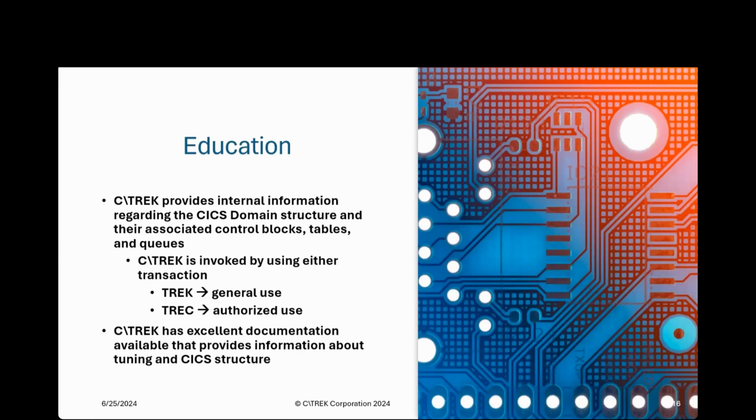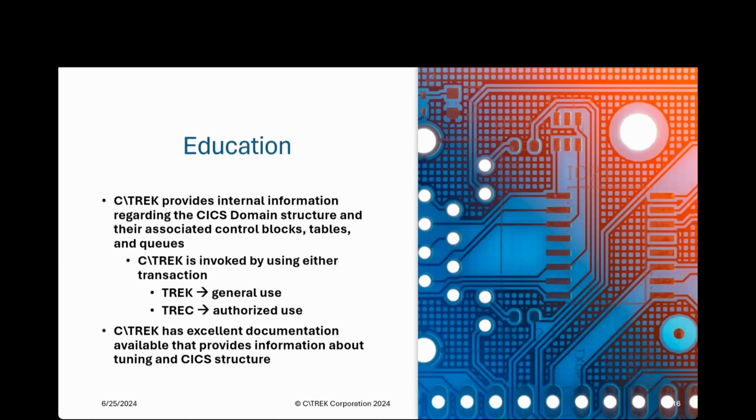Okay. C-TREC, basically, you can activate the transaction two ways. One is TREC with a K and TREC with a C. The difference between the two is that the TREC with a K just is a display only type transaction. The TREC with a C, you need authorization for it, or you should have authorization for it.